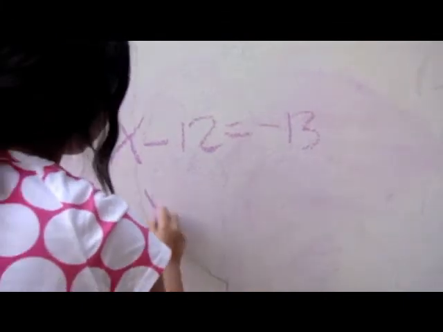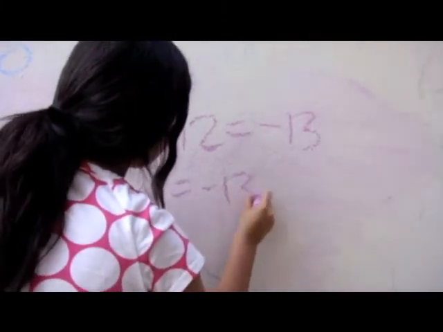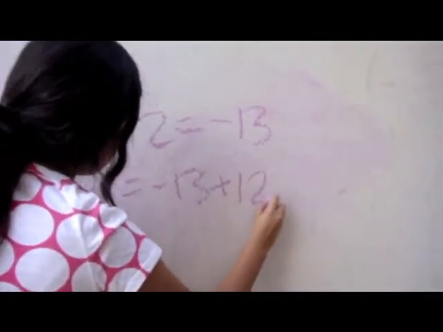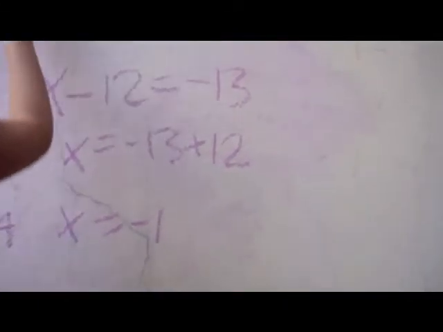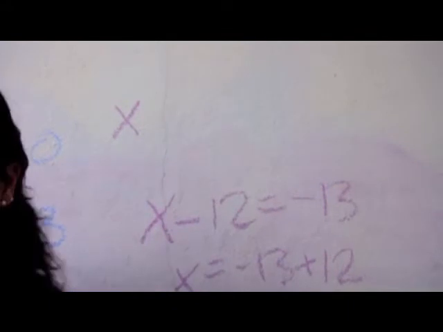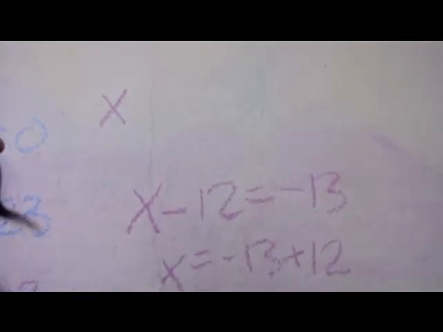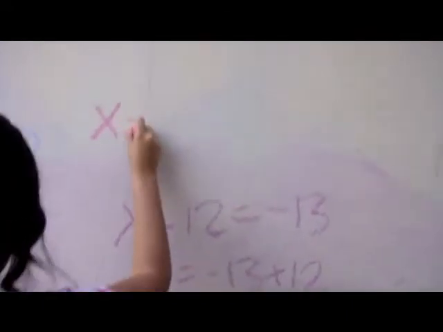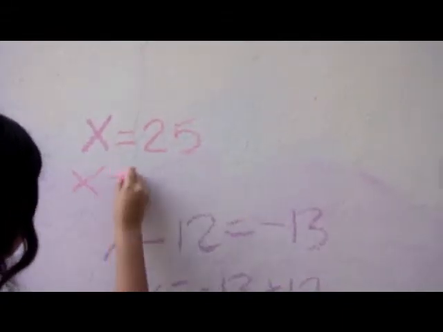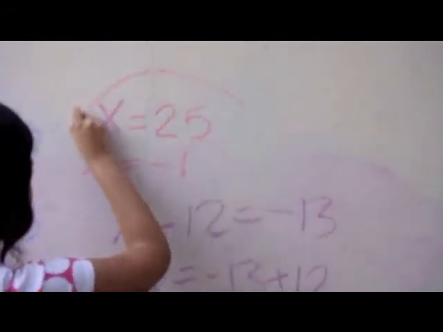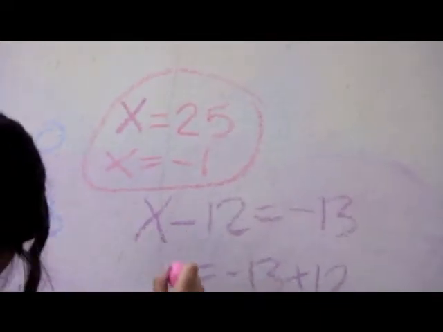We pass this one adding, x equals negative 13 plus 12. X equals negative 1. So our first x is equal to 25, and our second x is equal to negative 1. And that's our final answer.